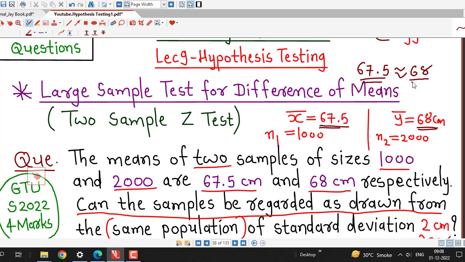So from this we can make the question that we have two sample means and these two sample means are nearly equal. So the question is, if these two sample means are nearly equal, then can we say that the two samples have been drawn from the same population with standard deviation sigma equal to 2 cm?